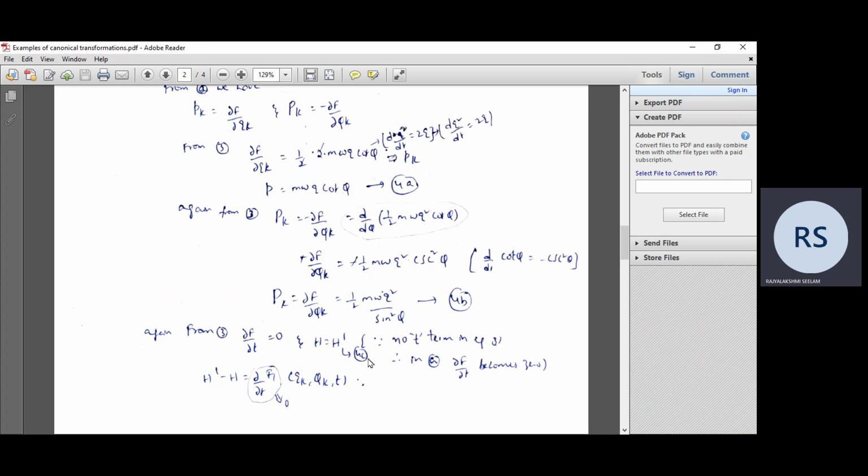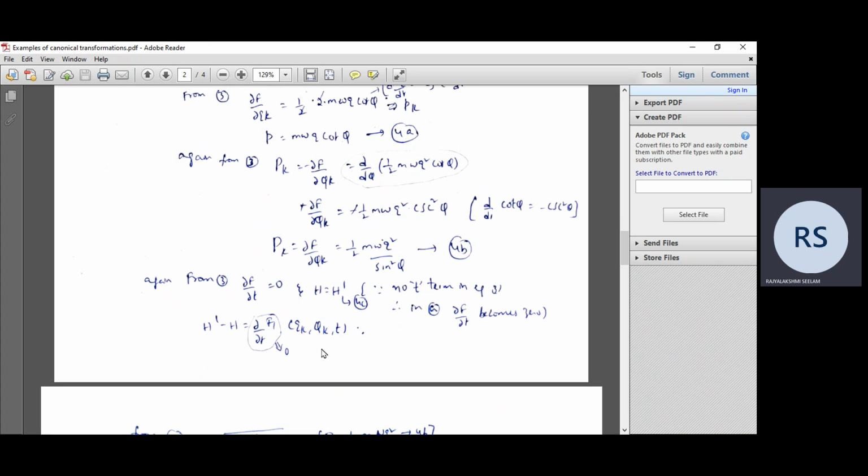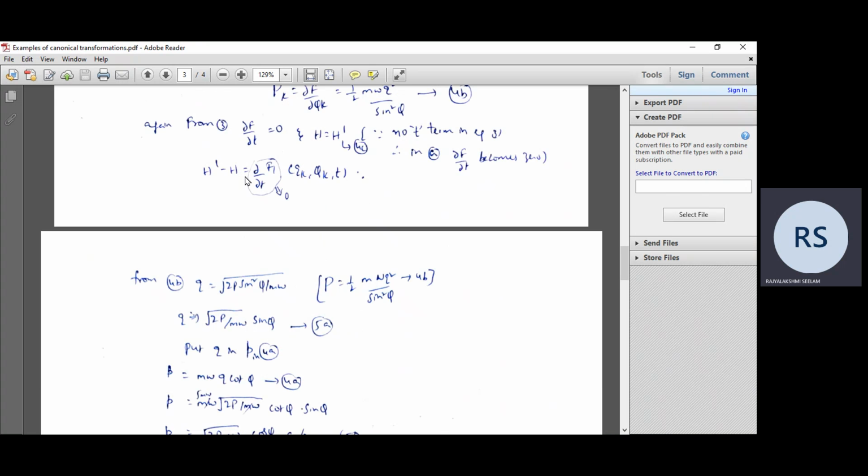Now H dash minus H equals ∂F1(q_k, Q_k, t)/∂t, so ∂F/∂t equals 0. So this term becomes 0.